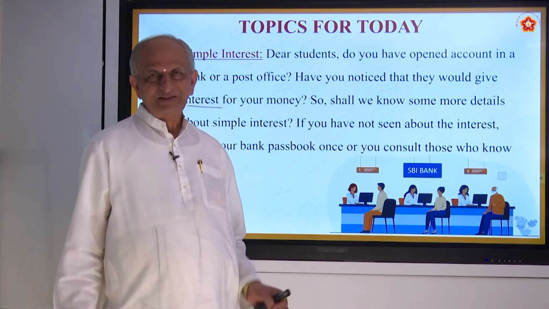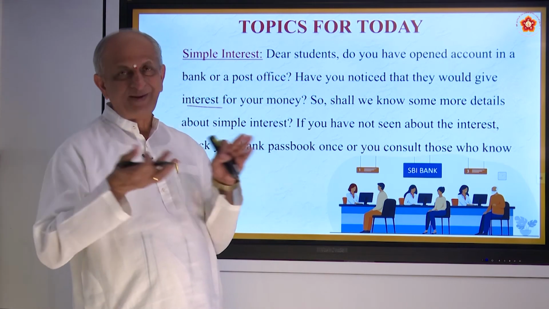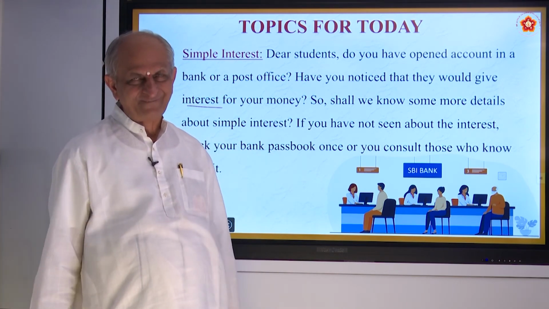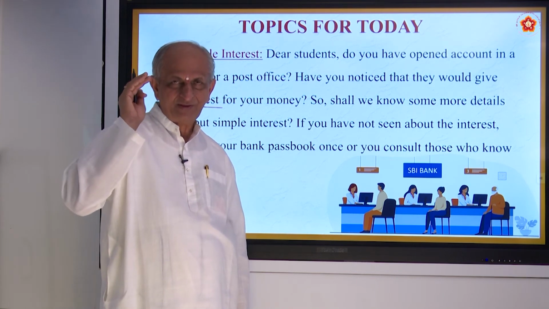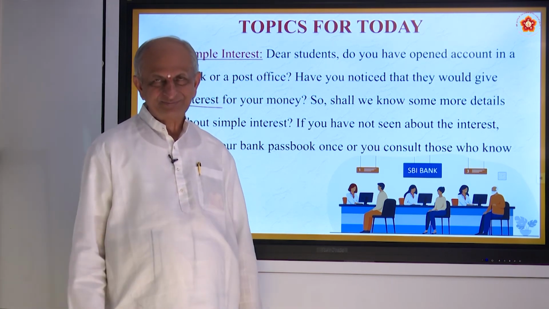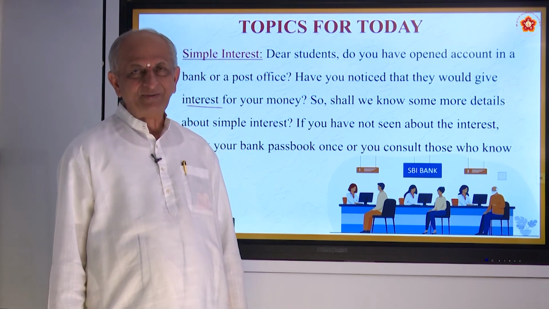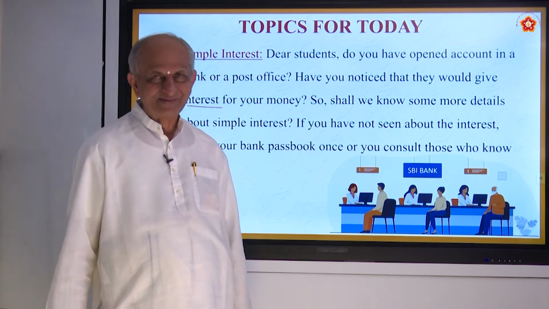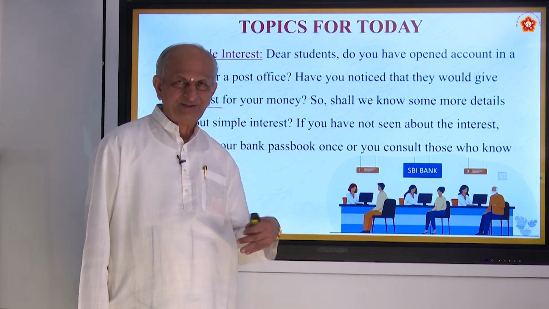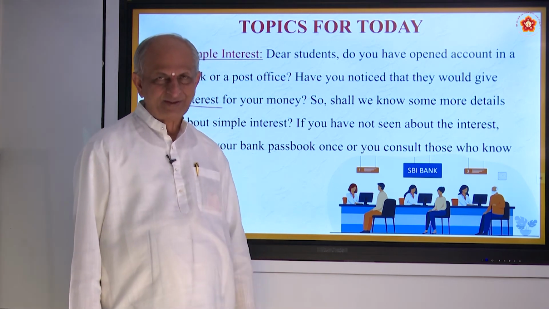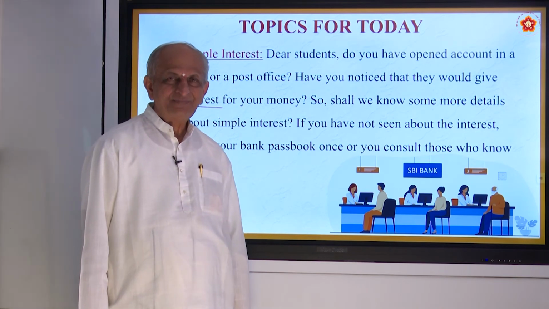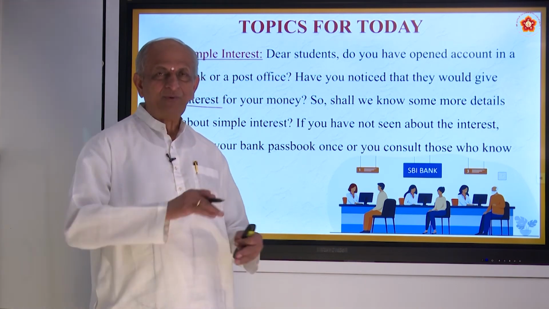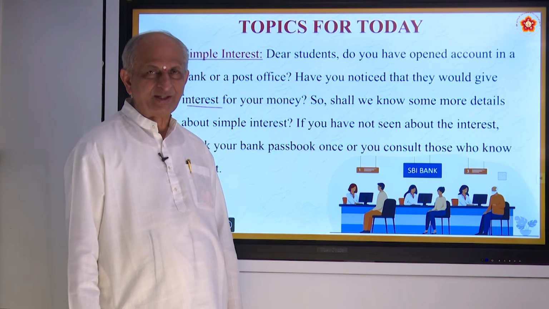because there are some people who keep ornaments for custody. For that they will charge a lot of interest. And some of them take a loan from the bank. For that also they will charge high prices, high percentage. And some of them want to transfer money from one bank to another.